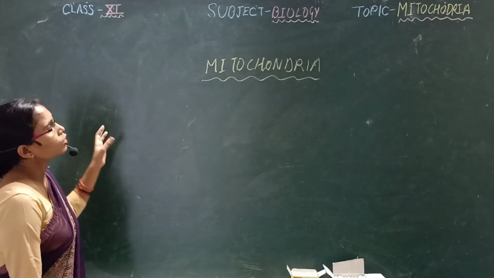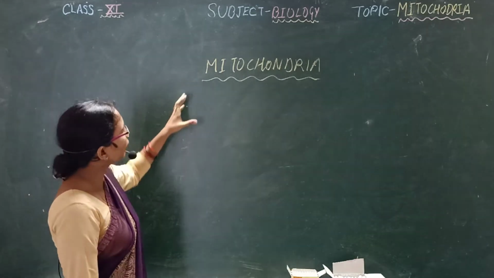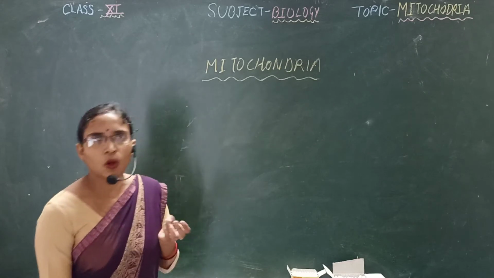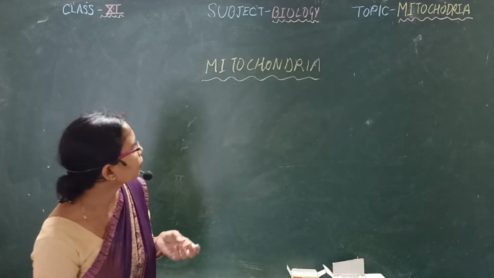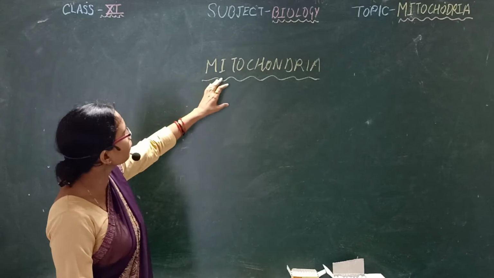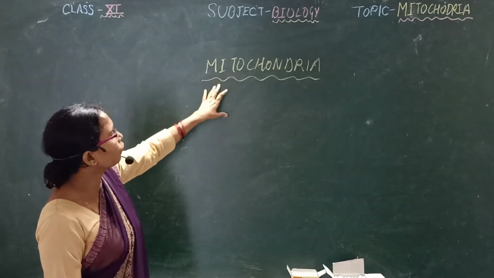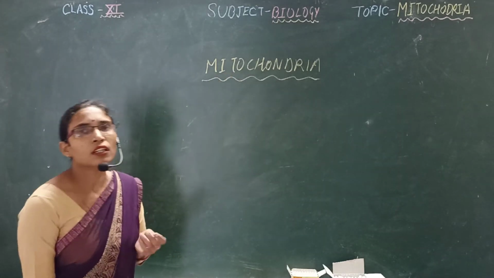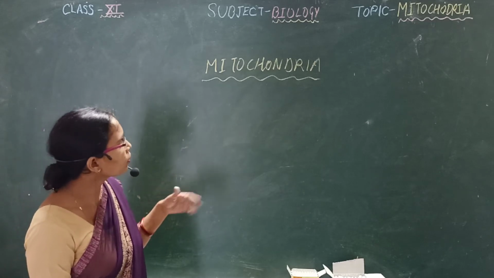So here we will discuss the shape of the mitochondria. It is rounded or oval, or you can say cylindrical structure, which contains several structures.